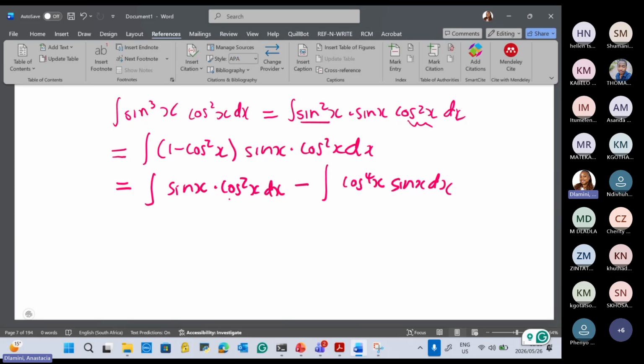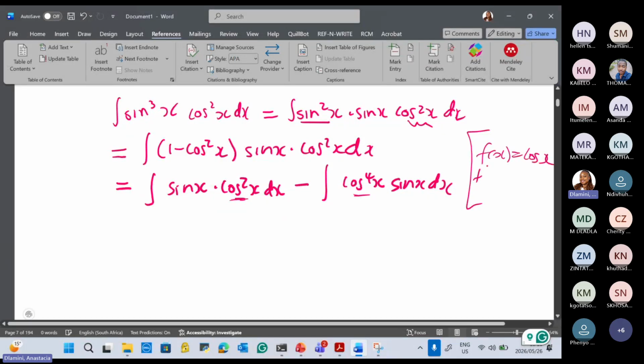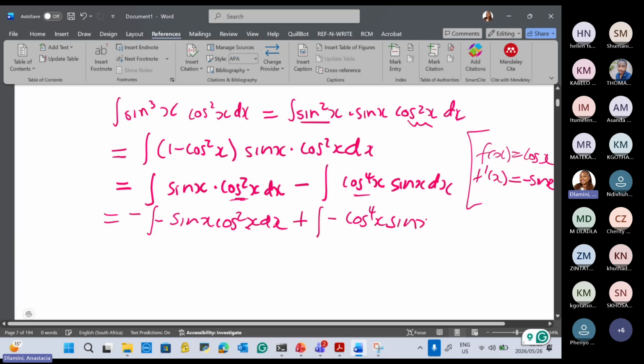So my function is f of x, which is cos of x, and the derivative of f of x, I know it's minus sine x. So I'll just introduce a negative here: integral of negative sine of x cos squared x dx. Even introducing a negative, this becomes positive: integral of minus cos to the power of 4x sine of x dx.